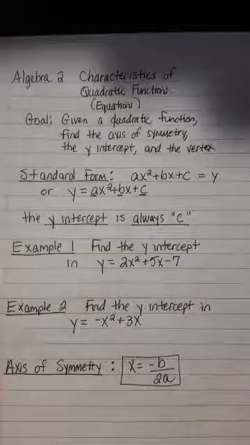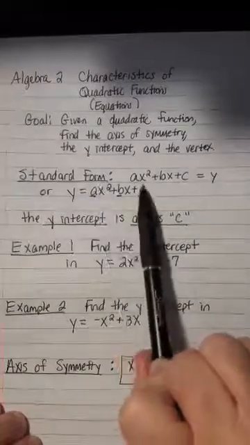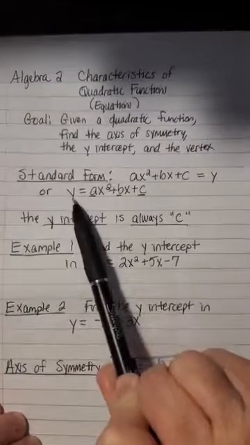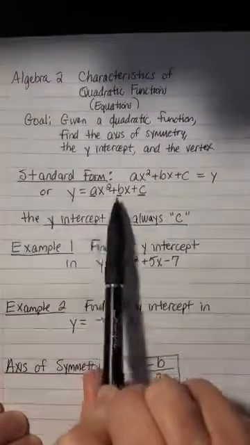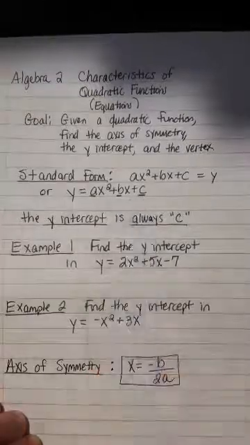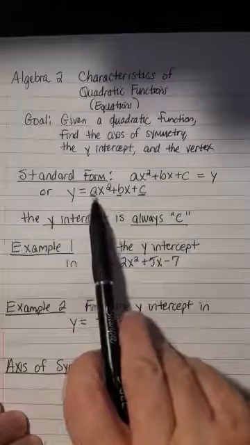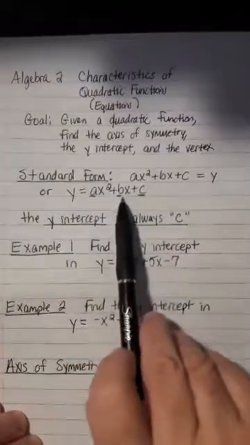So let's just go ahead and get started and look at this. You've got standard form: ax squared plus bx plus c equals y. We're used to seeing it with y equals, so I'm going to write it this way: y equals ax squared plus bx plus c. I underlined the a, b, and c because these are going to be numbers.